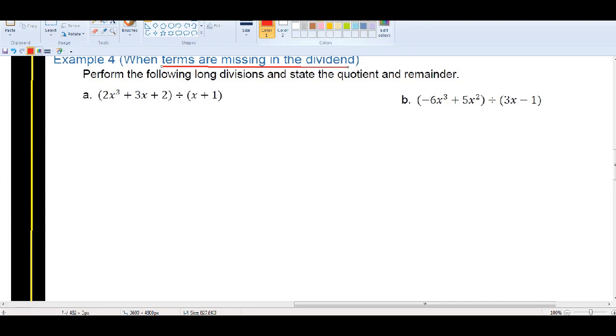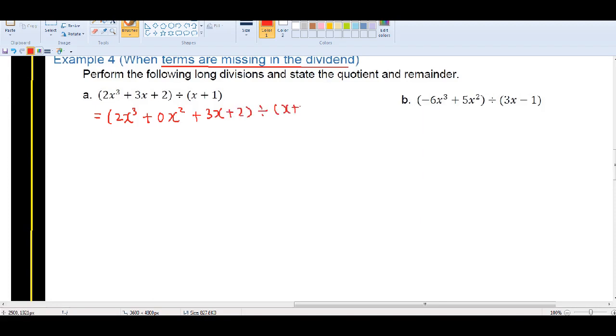You have to rewrite the dividend in its full form. You see that's x cubed. The next term should be x squared, but there's no such term. So 0 times x squared is 0, but you need to write this for the sake of division.